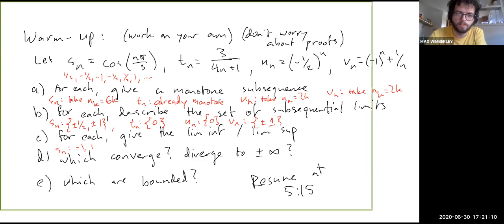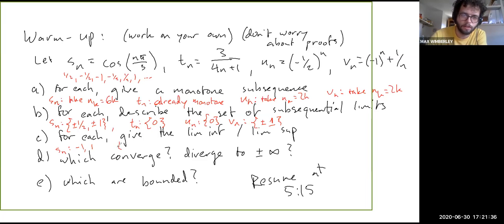One way to think about it is to think about the sequence itself, the way we were thinking about it the other day: what are the biggest and smallest values the sequence tends to achieve? But now we can also think about it a little differently. Once we've written down the set of subsequential limits, you can just read off the lim_inf and the lim_sup by looking in there and seeing the biggest and smallest values.